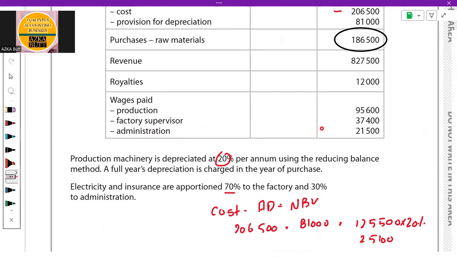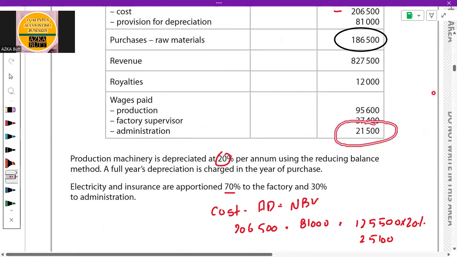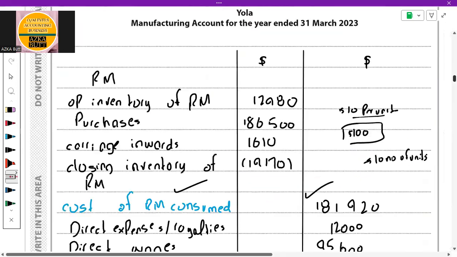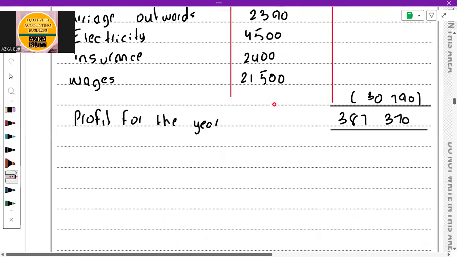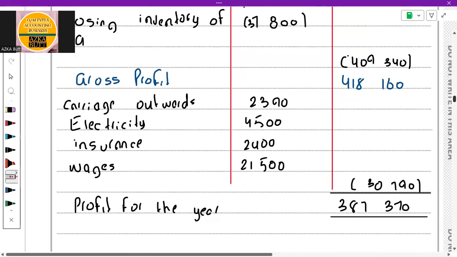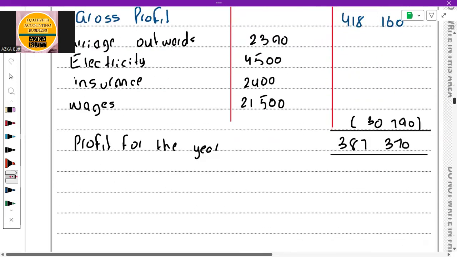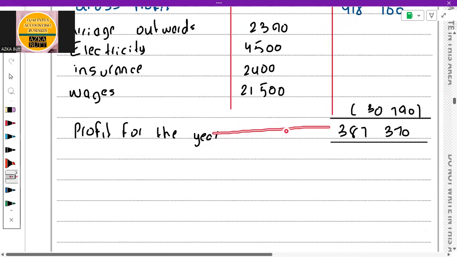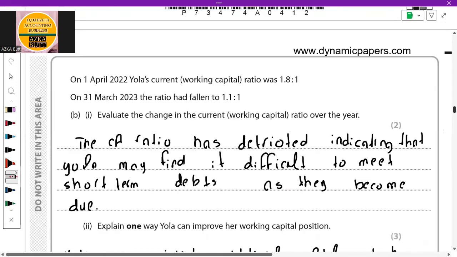So these wages, 21,500, go in the income statement expenses. So my expenses are 30,790, and I deduct them from the gross profit, which is 4,18,160. So I have the profit for the year, which is 3,87,370.